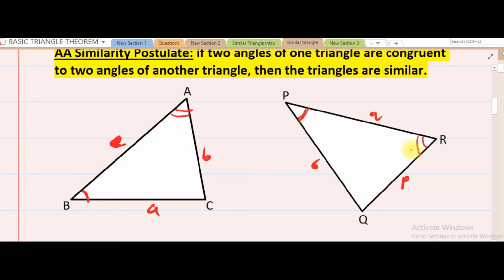So C corresponds to Q, P corresponds to B, and finally A corresponds to R. We need to check if the two interior angles are the same.